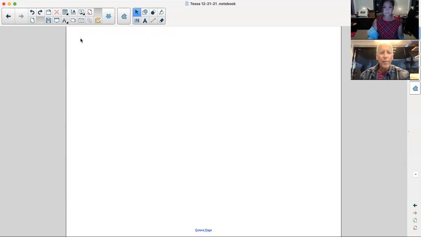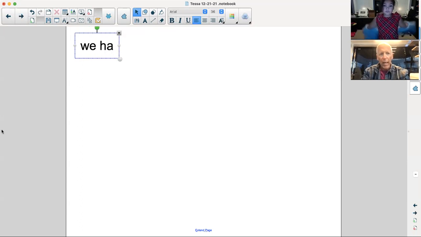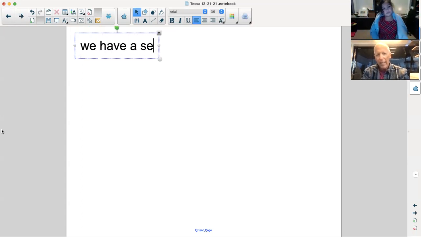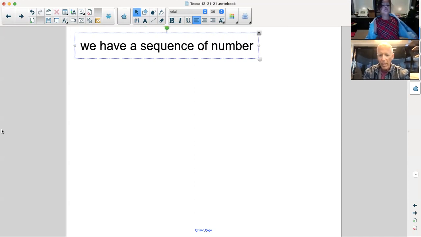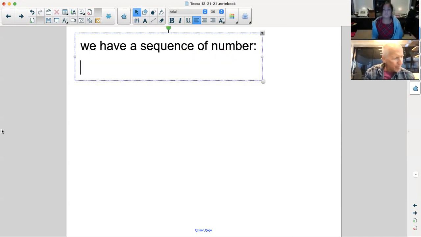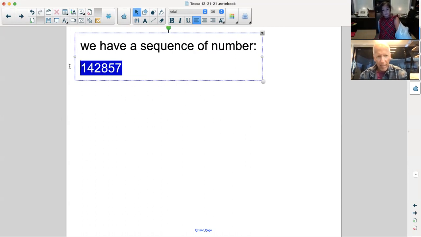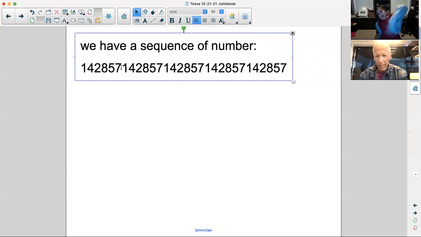Let's say that we have a sequence of numbers that, are you ready? Yes. And then, do you notice anything interesting about this sequence of numbers?